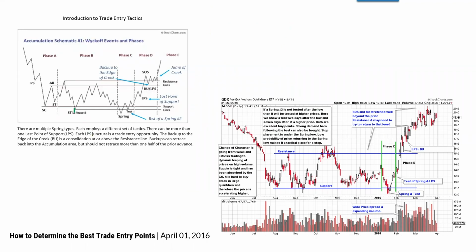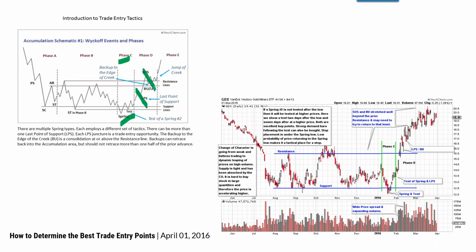So here we can see the accumulation schematic with a spring at the conclusion of phase C, which is a slight break of the support area, then a test. The test is a great place to put on a position, say tranche 1. Last point of support or a pullback is tranche 2.